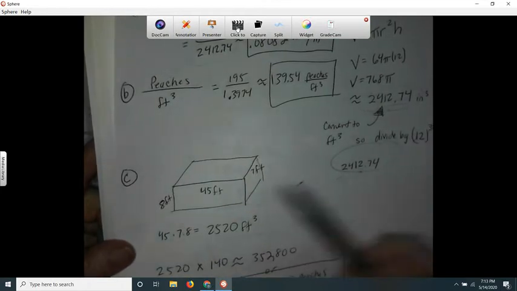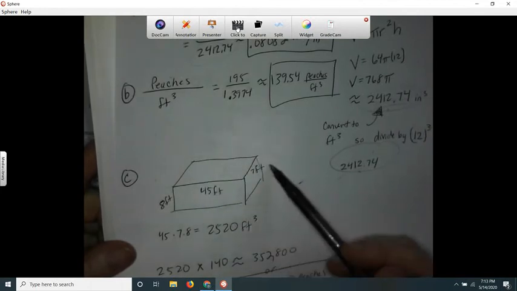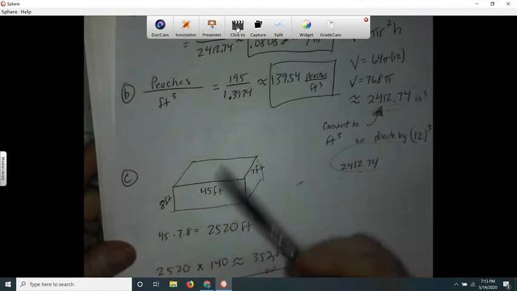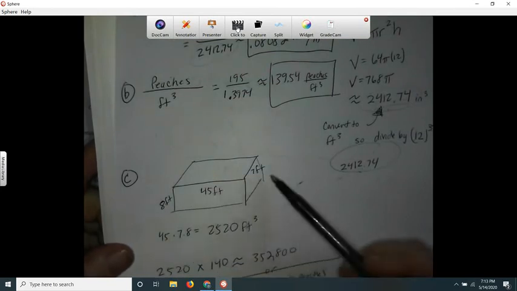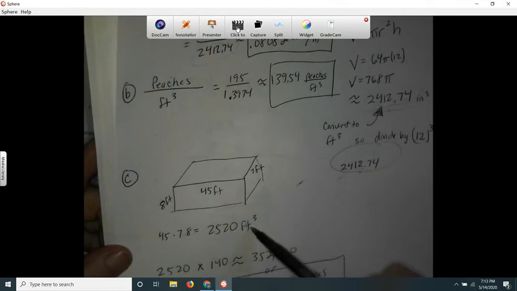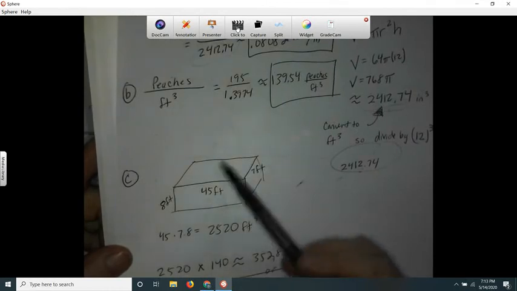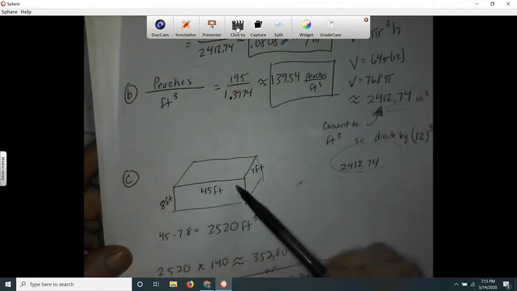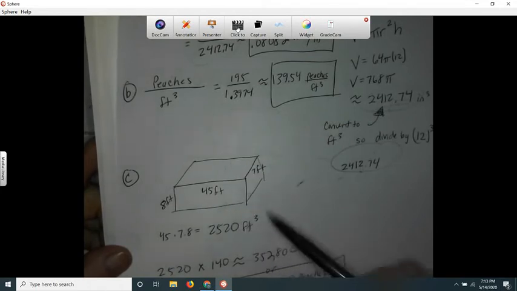The volume of a rectangular prism is length times width times height, so 45 times 7 times 8 gave me this number. That's the cubic feet, how much room I have to stick the peaches in.